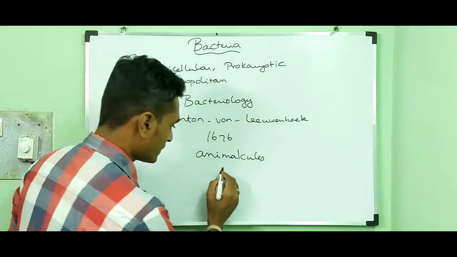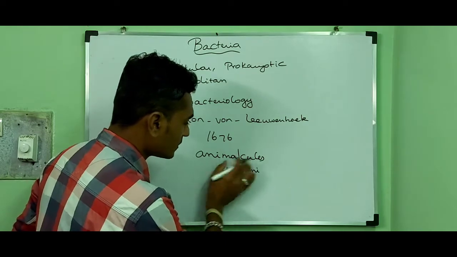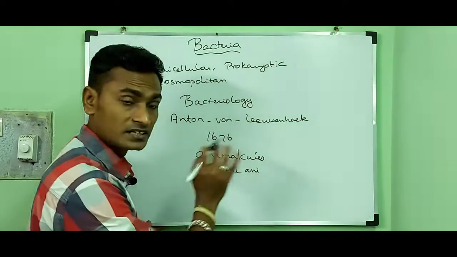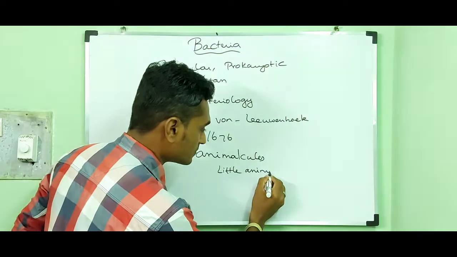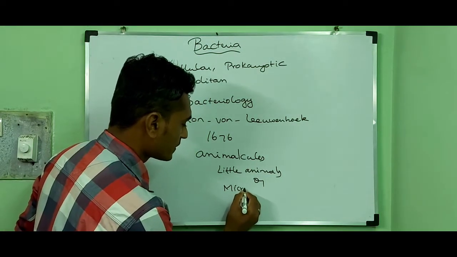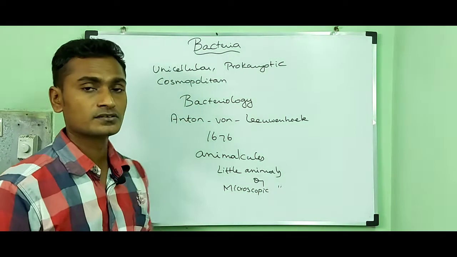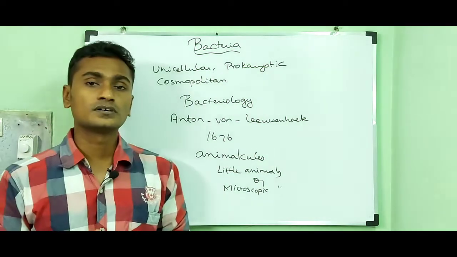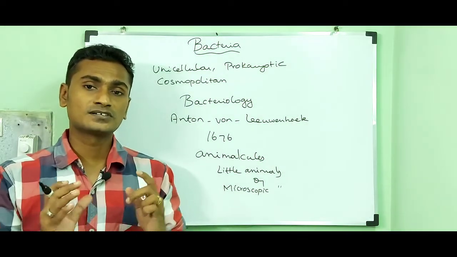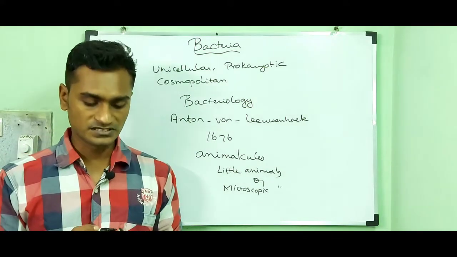Animalcules means little animals: animal, and cules means little. Little animals are microscopic animals. So Anton van Leeuwenhoek considered bacteria to be little animals or microscopic animals.